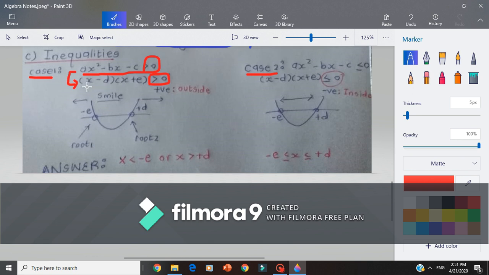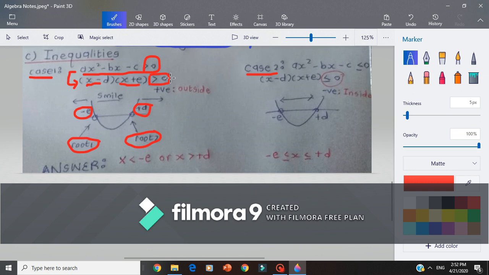So when you factorize it, say we got x minus d and x plus e, you can solve for the roots. The first root is x minus d equal to 0, therefore x gives me positive d. And the second root is x plus e equals 0, and therefore the other root is x equals minus e.